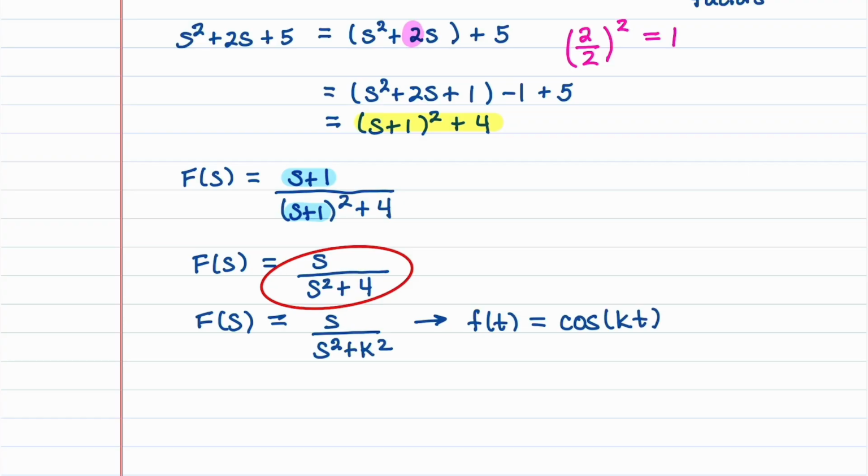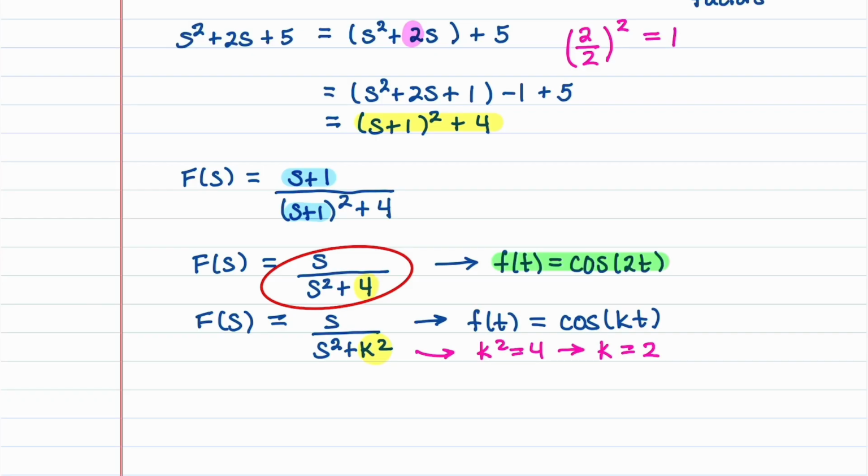If we compare what we got to the table, we can see that k squared is equal to 4, so that's going to give us that k is equal to 2. Now we can write down the inverse Laplace transform of this function circled in red, and it is going to be little f of t is equal to cosine. Instead of k, we now have a 2. Let's go ahead and highlight this.